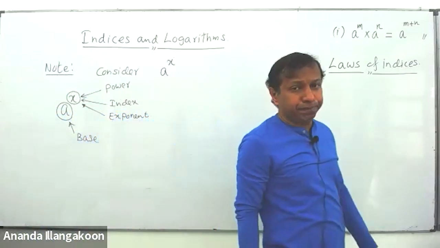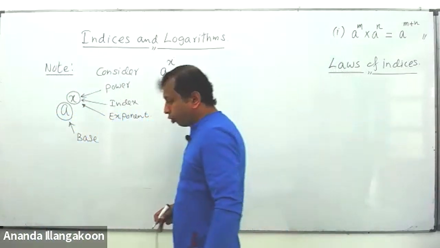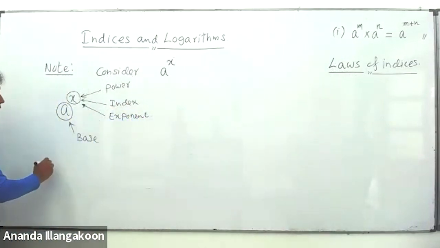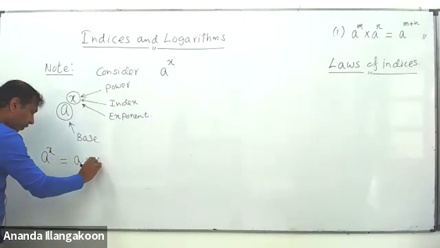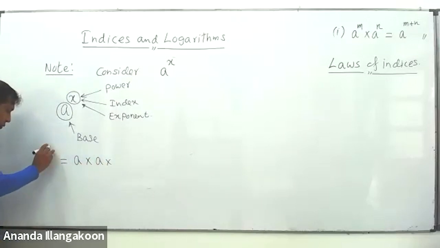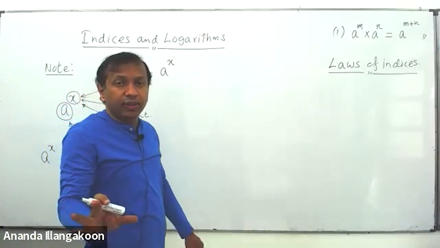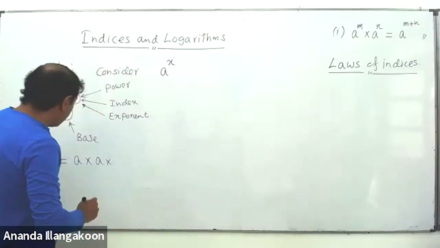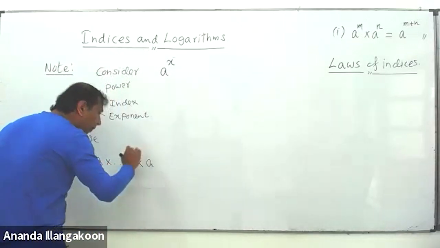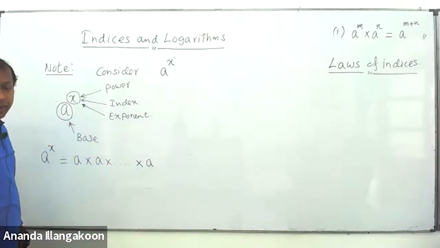Now, what is the meaning of this a to the power x, people? A to the power x means this a must be written, people, how many times? Right, x times. Since we don't know the value of x exactly, to denote that we put some dots like this, and finally we write the last a.